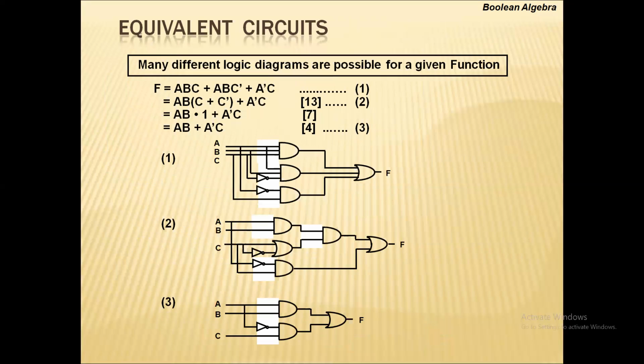As you can see here, many different logical diagrams are possible for the given function. You can see here f is equal to abc plus abc bar plus a bar c. So this is a circuit. If we can simplify it, c plus c bar is 1, so it will be ab plus a bar c, this one, or this one.